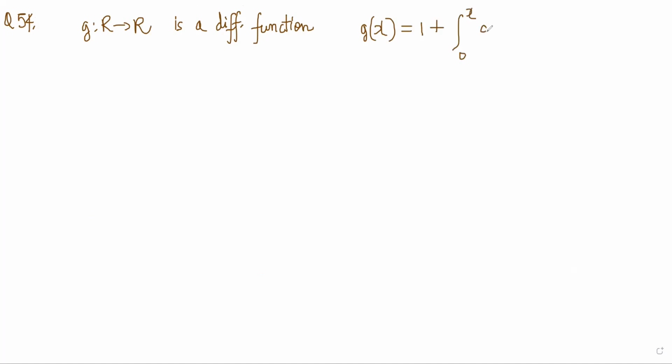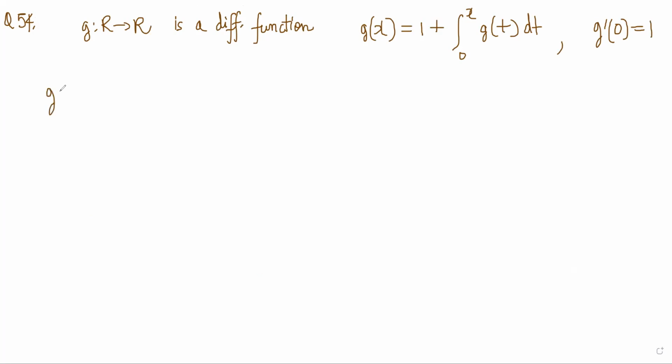In this question, g from R to R is a differentiable function which satisfies this condition. g of x is equal to 1 plus integral 0 to x g of t dt, and g dash 0 is equal to 1.